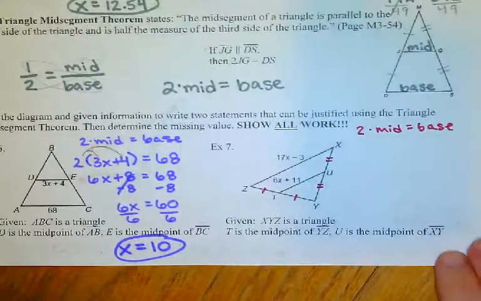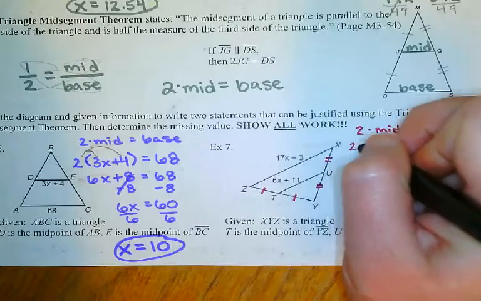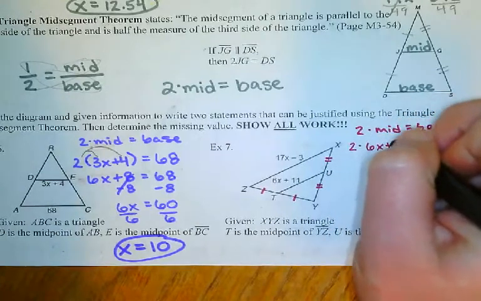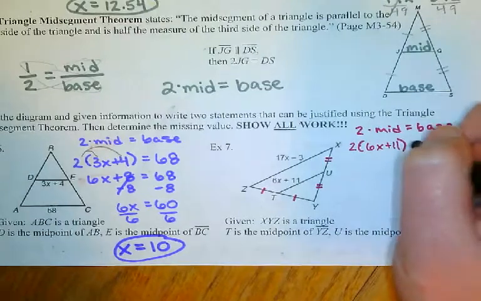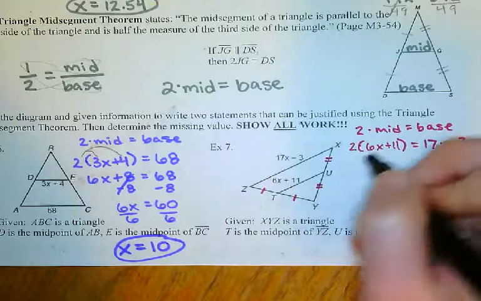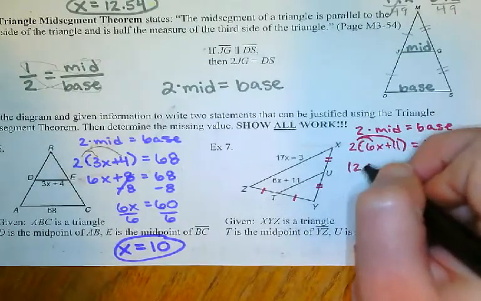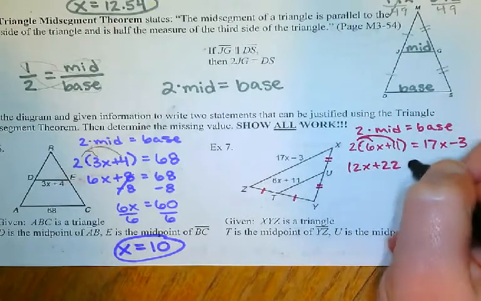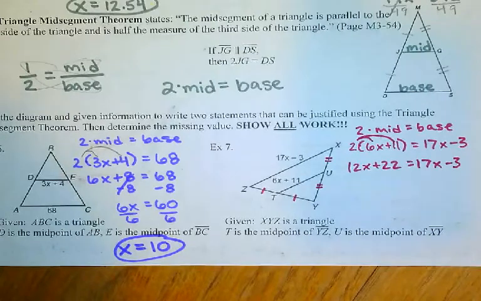What is our mid-segment? The 6x plus 11. What do we need? Parentheses equals 17x minus 3. So when we distribute, we're going to get 12x plus 22 equals 17x minus 3.